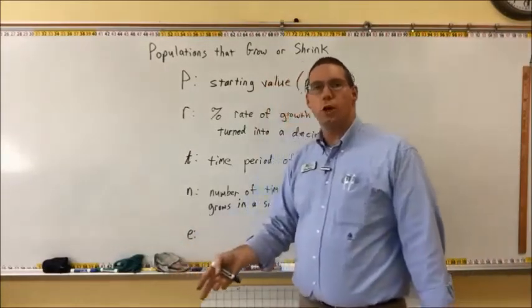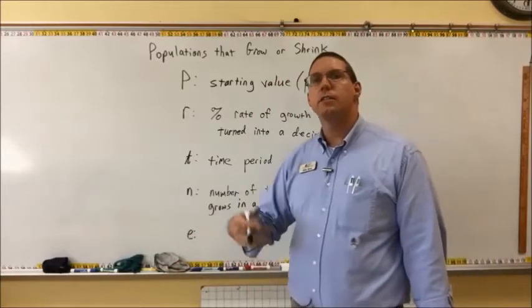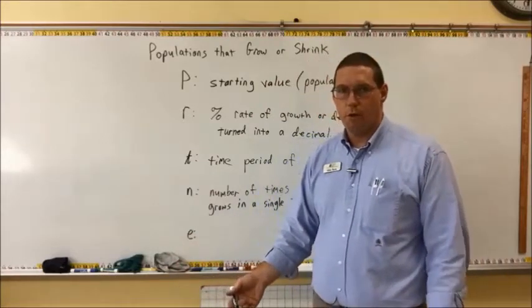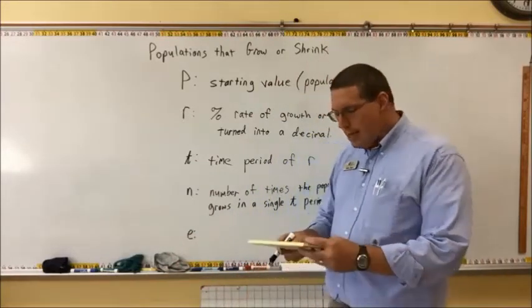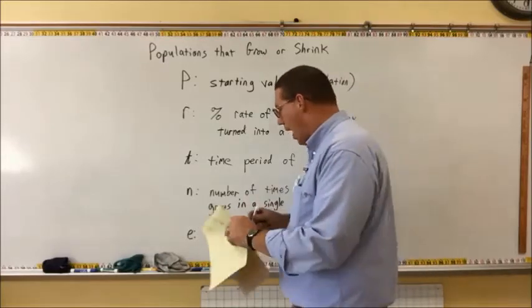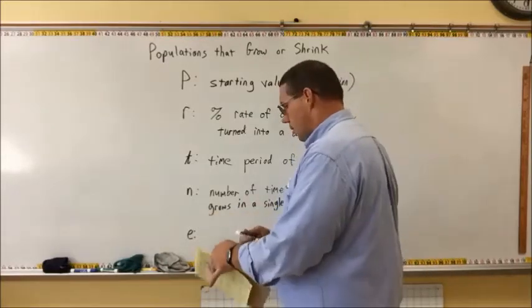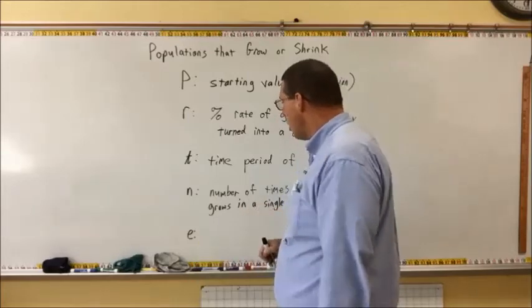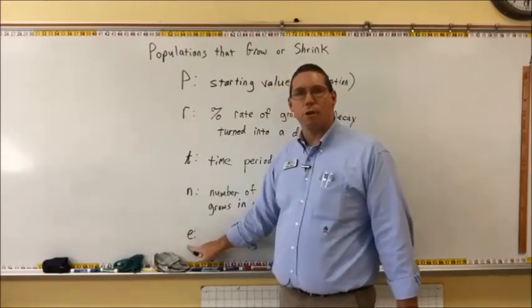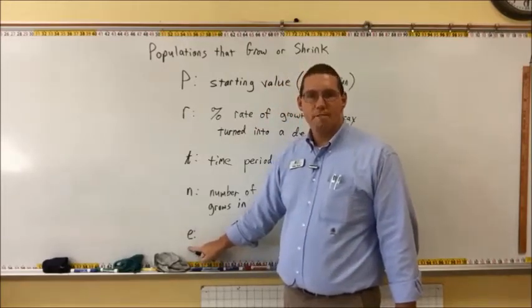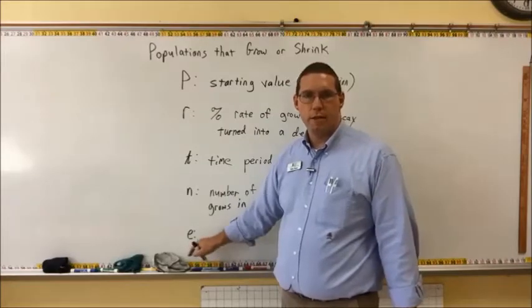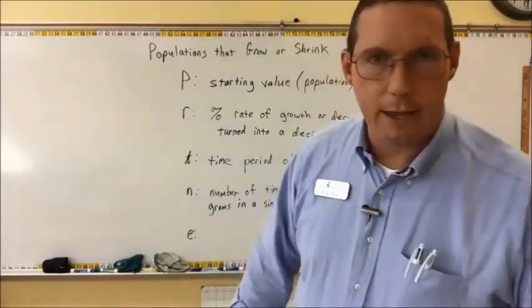E only shows up in continuous growth formulas. And E is actually not a variable. E is actually a constant. So you are never, ever going to plug a value in for E. In fact, I'm going to show you something in just a second. Hang on.